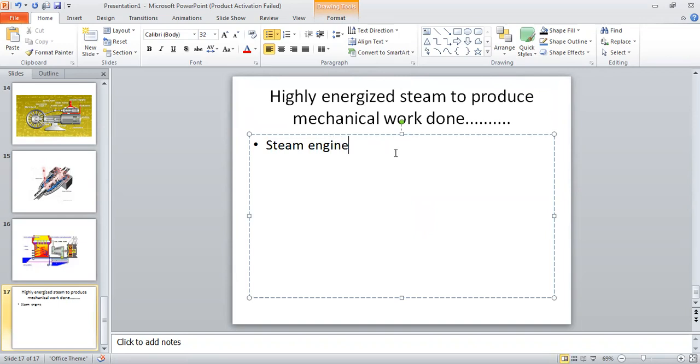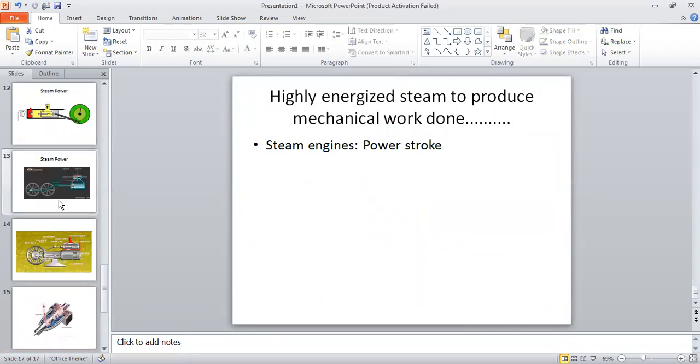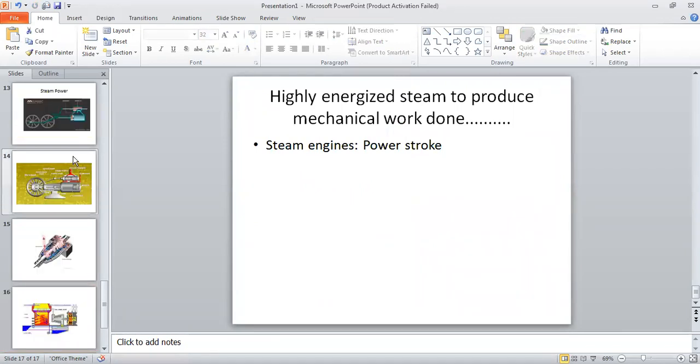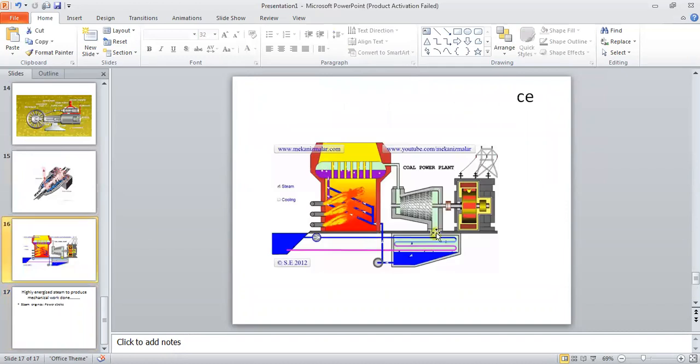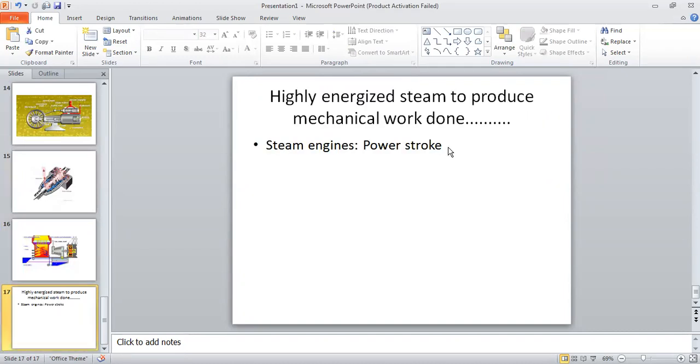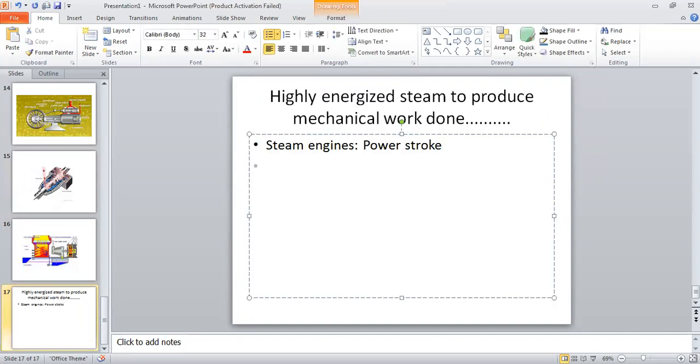Steam engines, power stroke. Turbines, no power stroke.